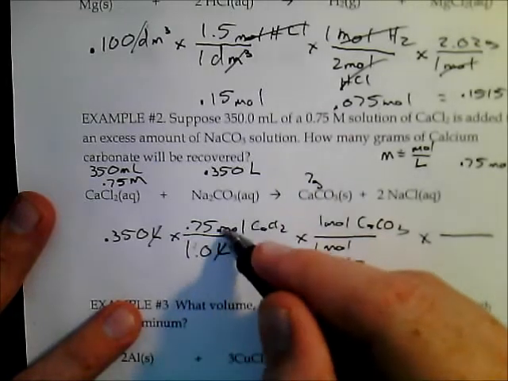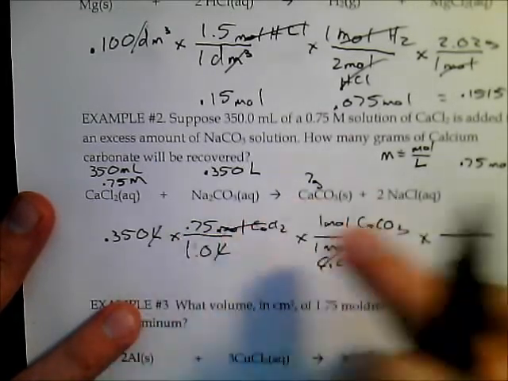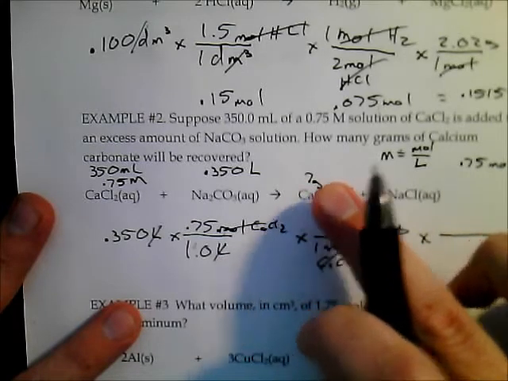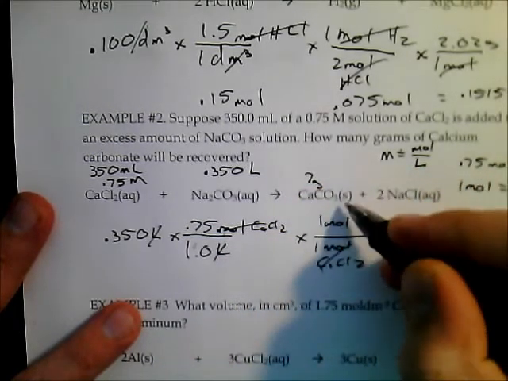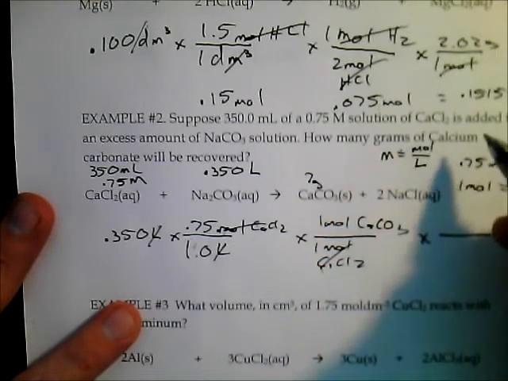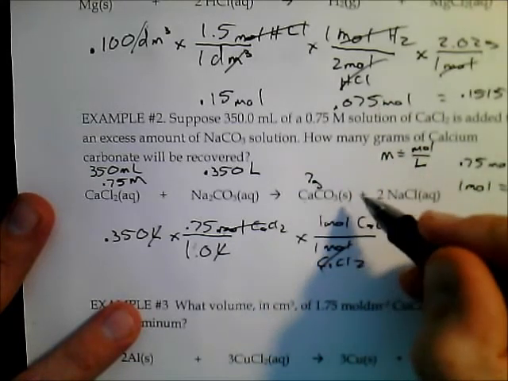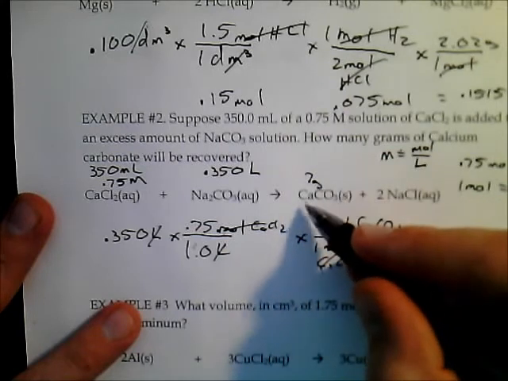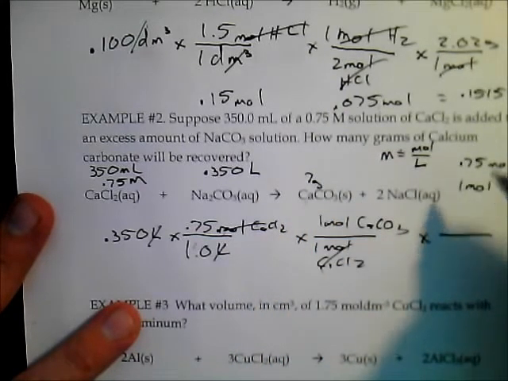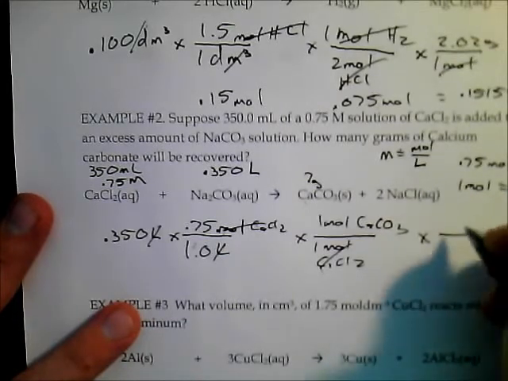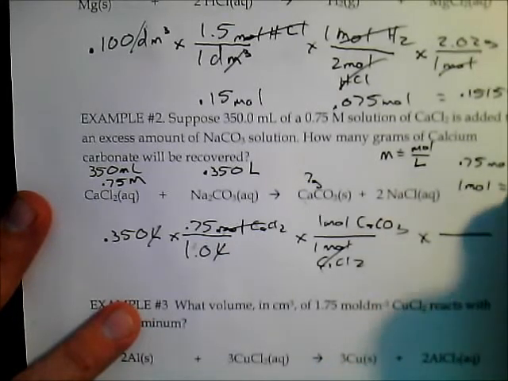Okay, so moles here cancel out, just got the 1:1 mole ratio, so now we need the mass. Now we do need to know the molar mass. This is not a solution, plus it's asking us for grams. So we need to add up the molar mass of calcium carbonate. So that's 1 calcium, 1 carbon, 3 oxygens. We use our periodic table, we add that all up. Calcium carbonate's molar mass is real close to 100.